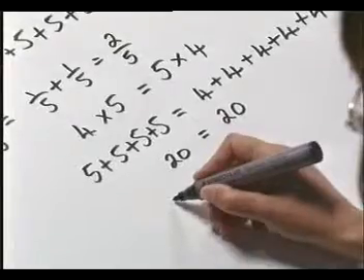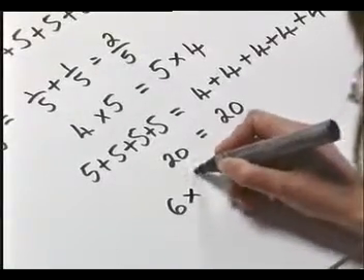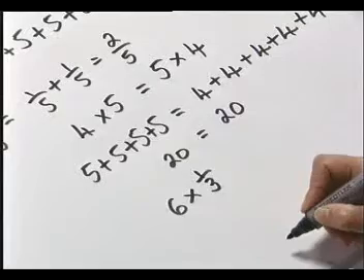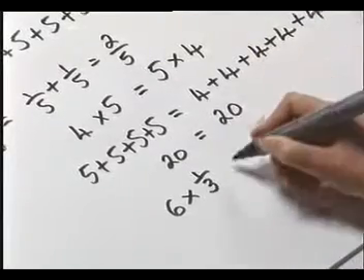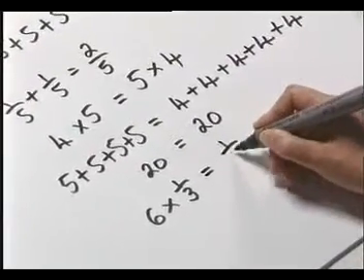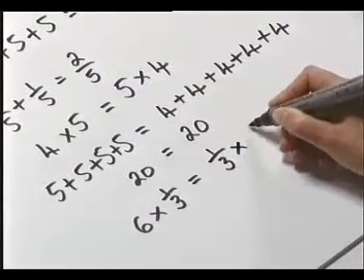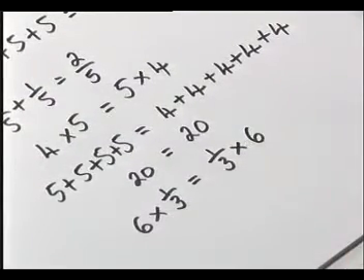Well, let's see what that means when we're looking at fractions. Let's say I have 6 times 1/3. Multiplication is commutative, so that says it should be the same as 1/3 times 6.